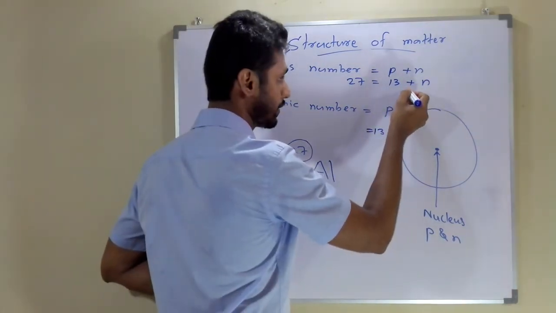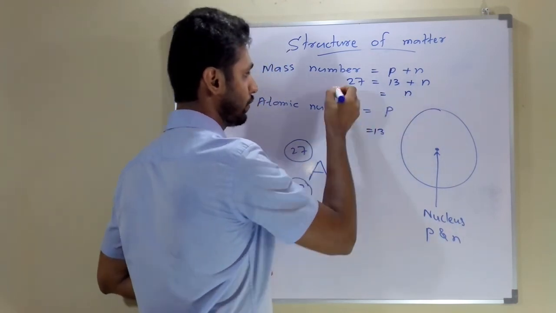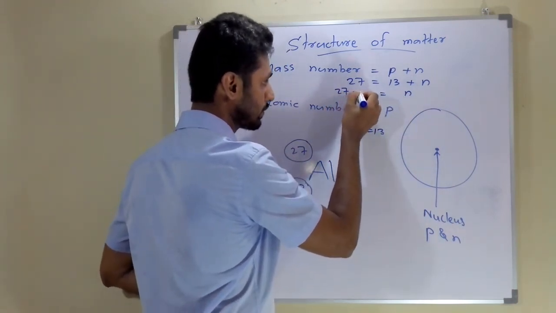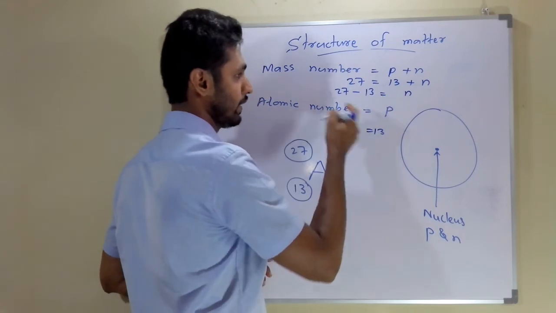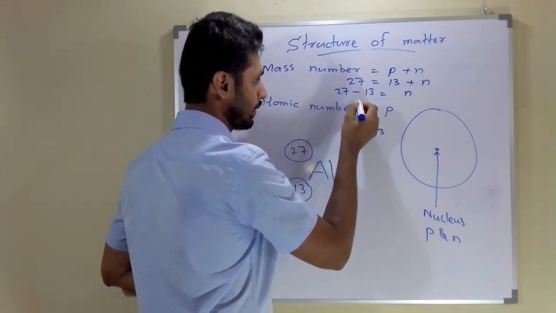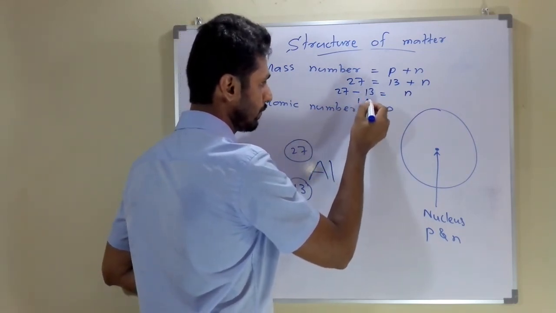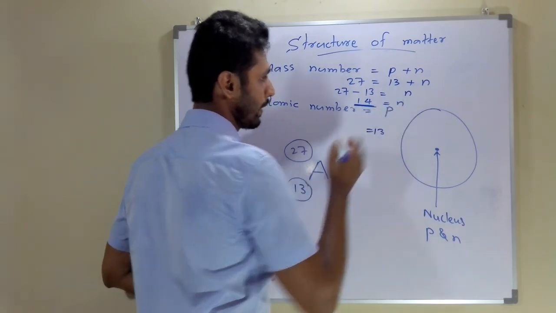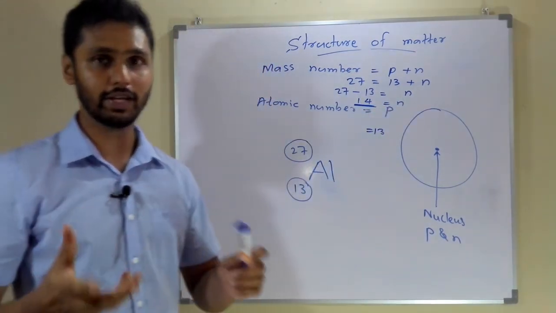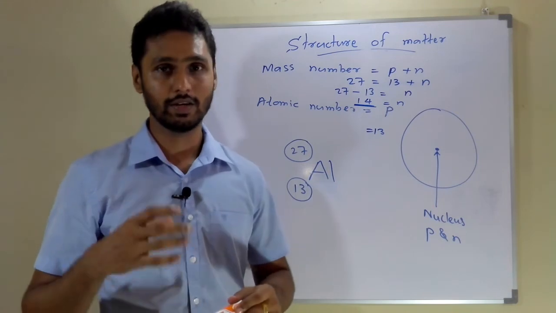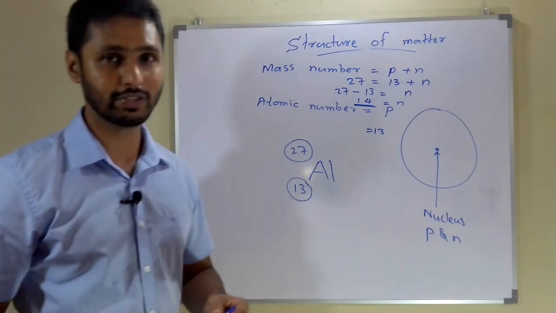Then you can subject n equals 27 subtracted by 13. Then it gives the 14 neutrons. That's it. This is the way how to calculate the number of neutrons in an atom.